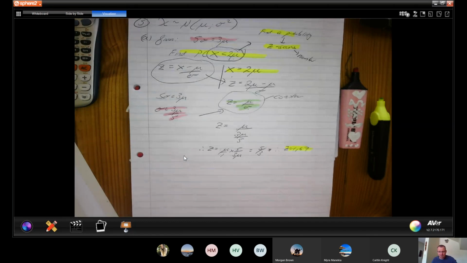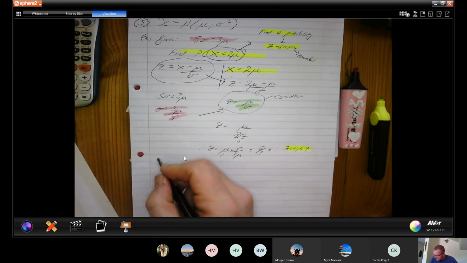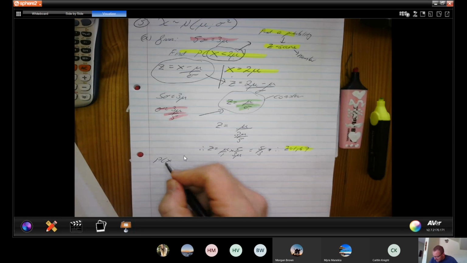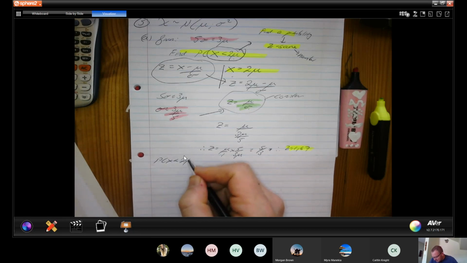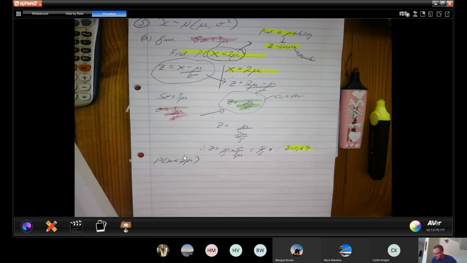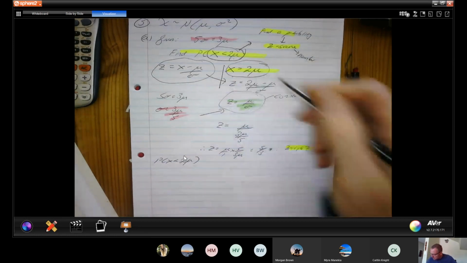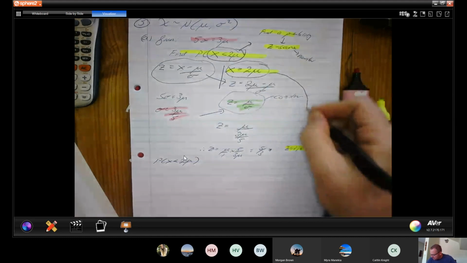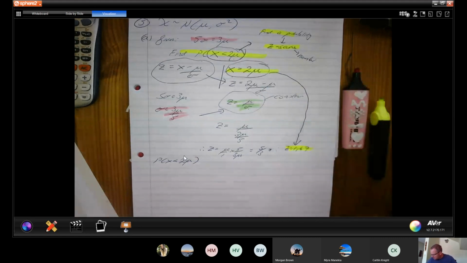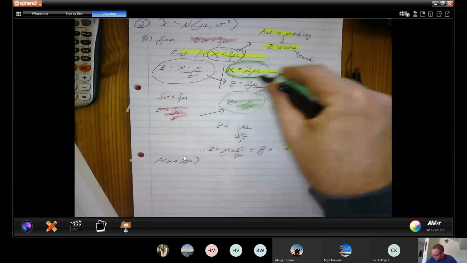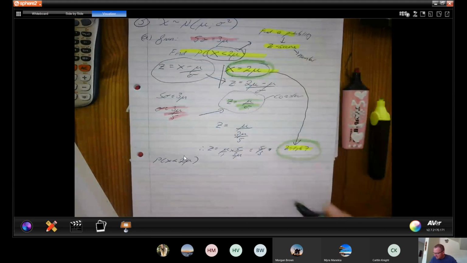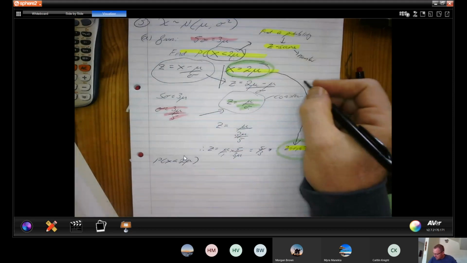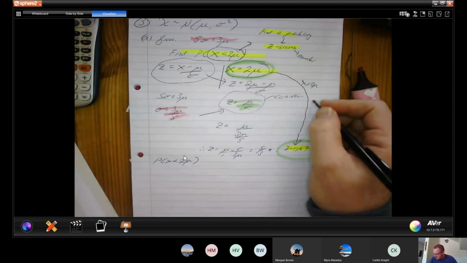Now once I get a Z score, I can think about a diagram. The question was, what's the probability that X is less than 2 mu? That's the same thing, because we worked out that when X is equal to 2 mu, the associated Z score is 1,67.